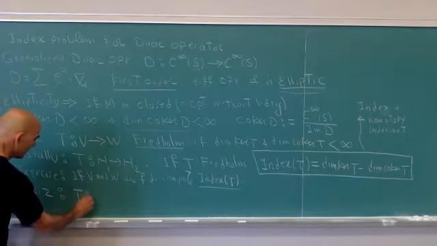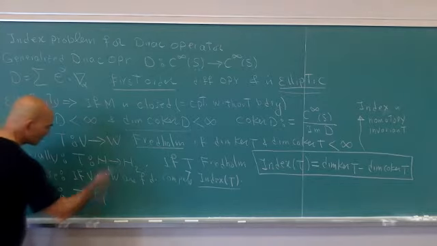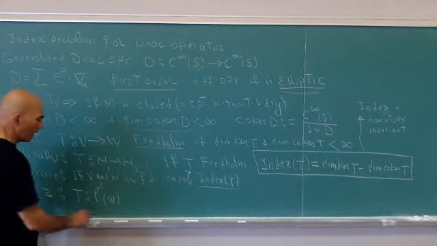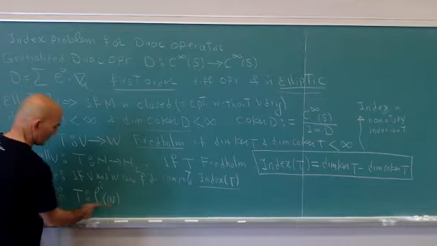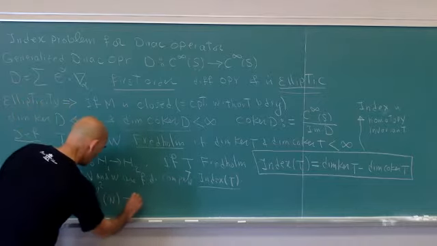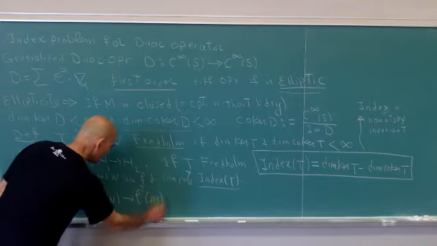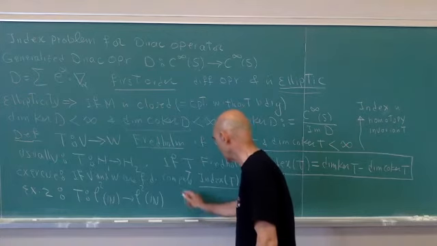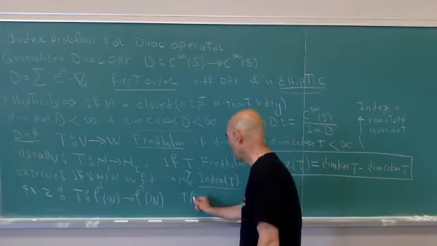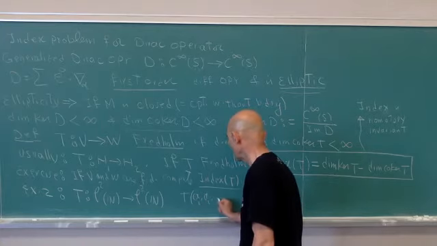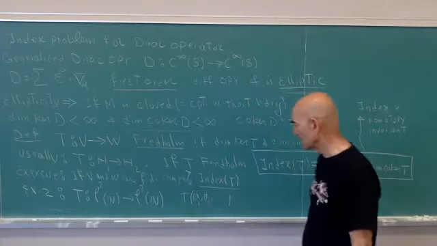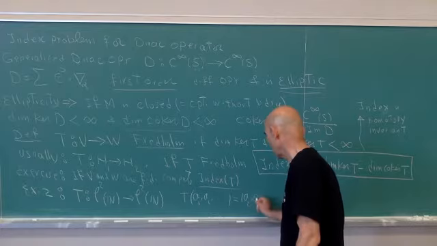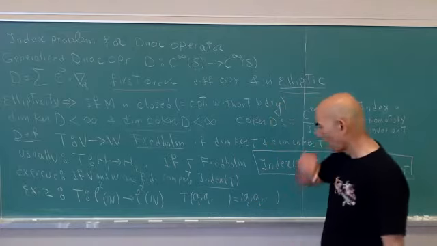Define T from L2 of N, and I never consider 0 as a natural number, so N is from 1 to infinity, to L2 of N. It is defined like this: T of a sequence of numbers A1, A2, and so on, which is in little l2, is just pushing backward: it gives A2, A3, and so on.